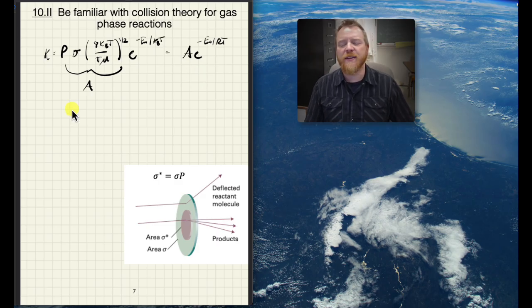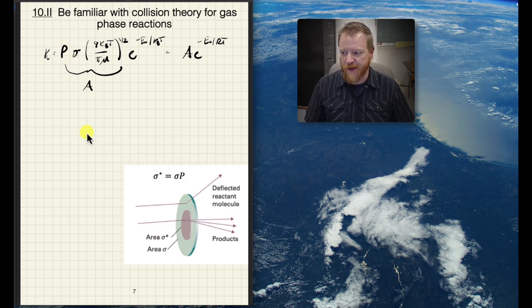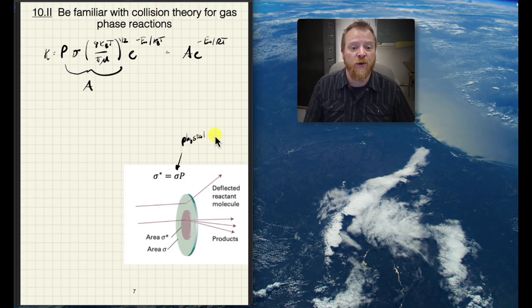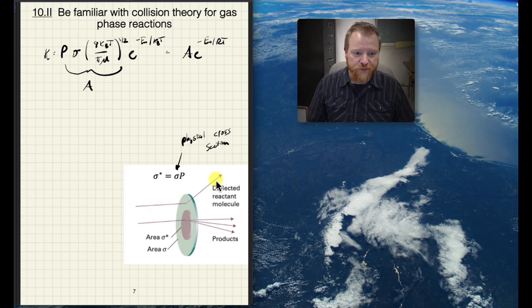So now let's talk about this collisional, or this steric factor, rather, this orientation business. So we can think of it very much like the way we talked about our cross section, where we're going to have some actual area the molecule exists in. So sigma would be its physical cross section, so, you know, the actual geometry of the molecule.